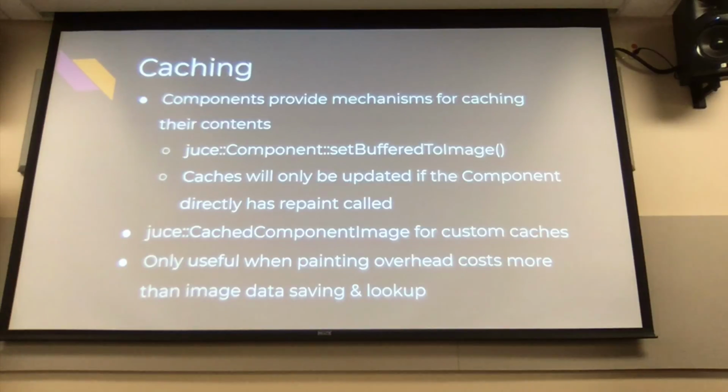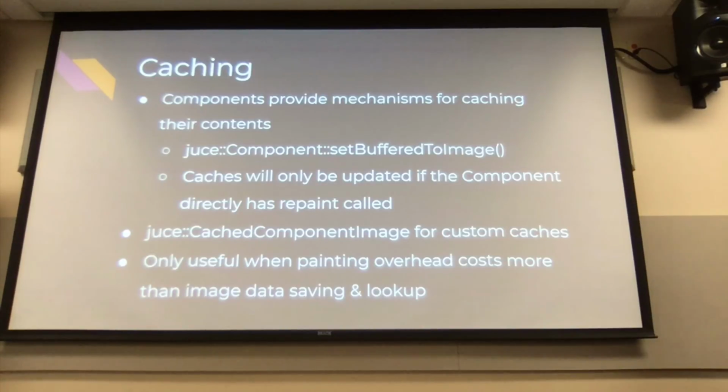The most basic part of that is using setBufferedToImage, which will just turn on a flag that makes an image behind the scenes for you, and any time that you call repaint on the component, it'll refresh that image. If you call repaint with only a specific rectangle, say 50 by 50, it'll just go to that first 50 by 50, update the components, and then redraw the image.